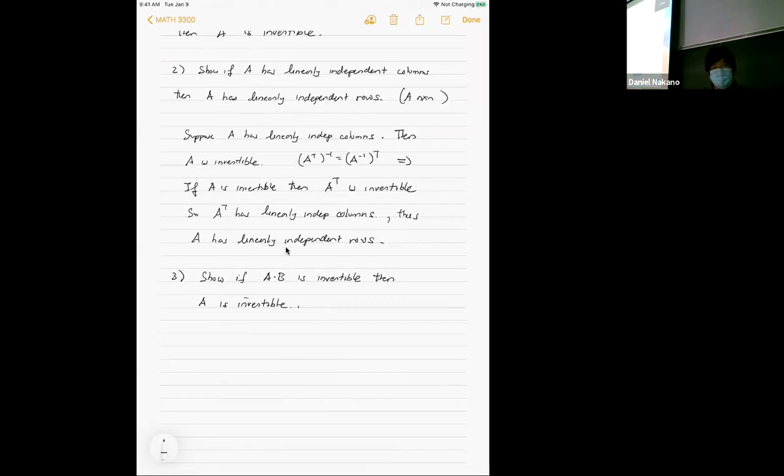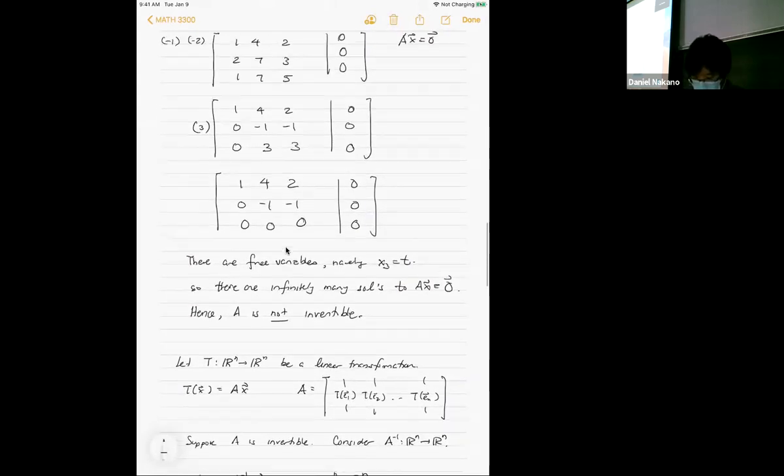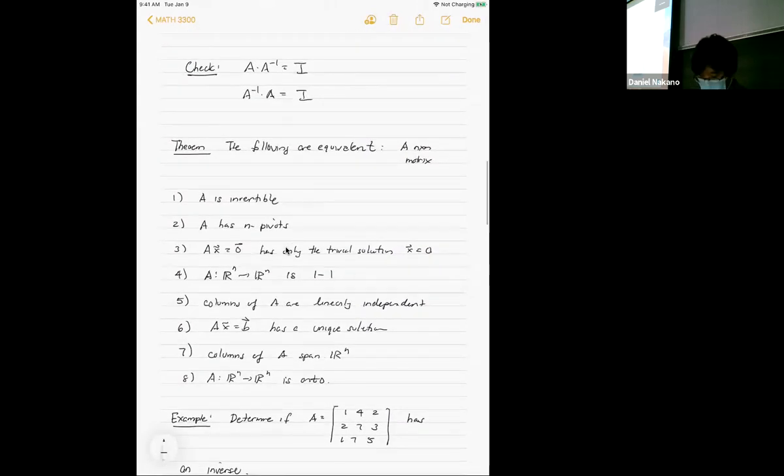All right. So we have invertibility for A times B. We want to show invertibility for B. So we can pick one of these equivalent statements up here and argue using one of them.